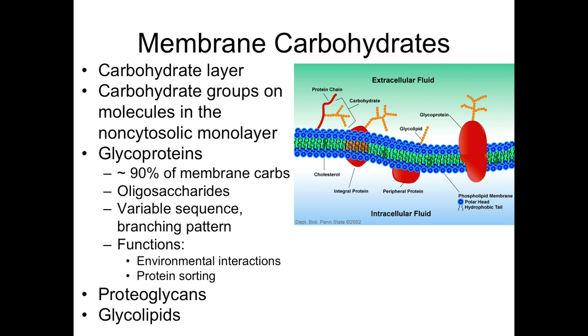Okay, so a glycoprotein is mostly protein with an oligosaccharide attached to it. And a proteoglycan is a small piece of protein with a large carbohydrate attached to it. So really the protein functions to hold the polysaccharide. Carbohydrates are found almost exclusively on the non-cytosolic monolayer. There are very few carbohydrates attached to the cytosolic monolayer.